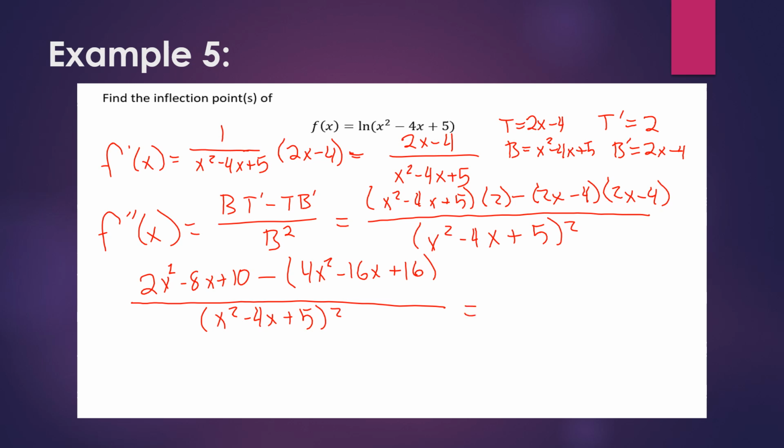But when we distribute, we're going to get 2x squared minus 4x squared, so that's negative 2x squared. Negative 8x minus negative 16x, so that's going to be plus 8x. And then 10 minus 16 will give us a negative 6. All over x squared minus 4x plus 5 squared. I'm going to continue on the next slide just because we're running out of room, but we're almost done with the problem.